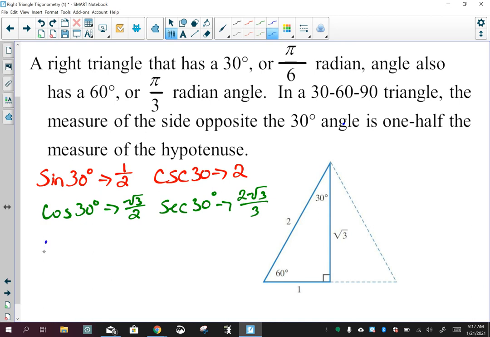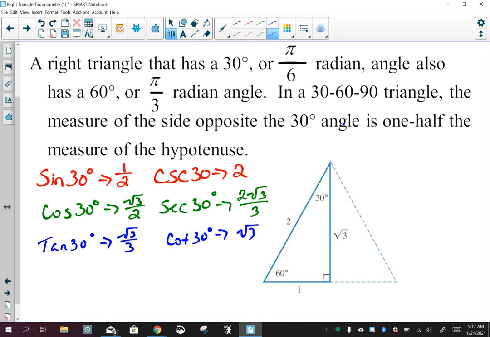And then my tangent of 30 degrees is going to be square root of 3 over 3, which means my cotangent of 30 degrees is going to be the square root of 3.